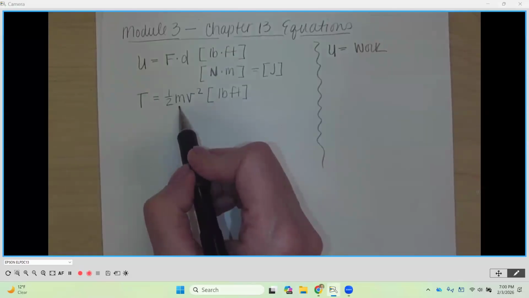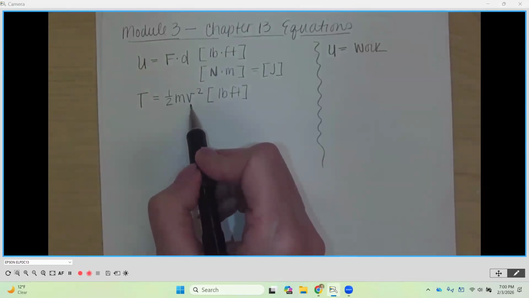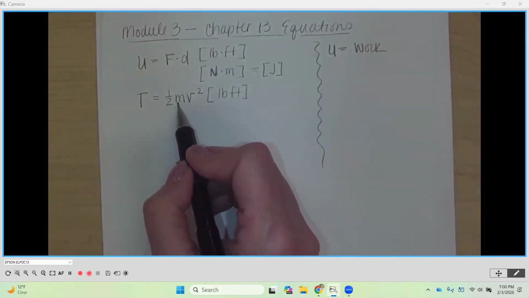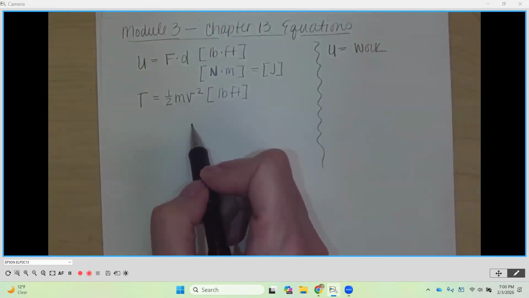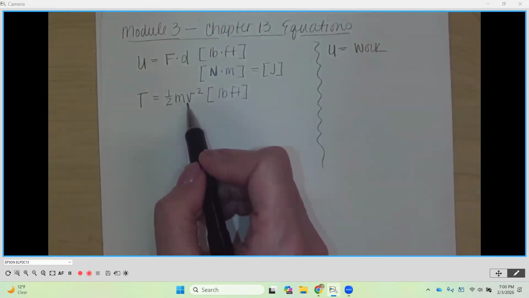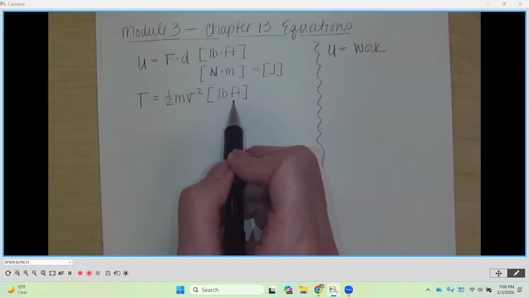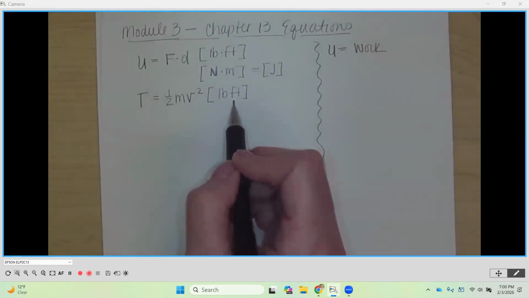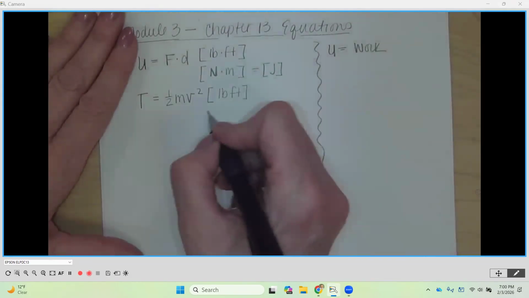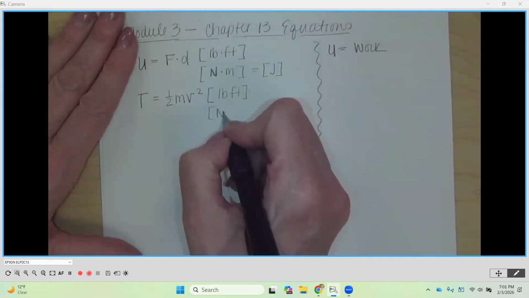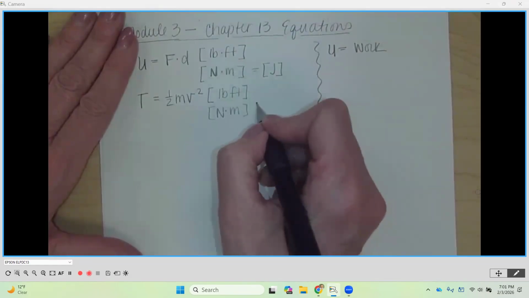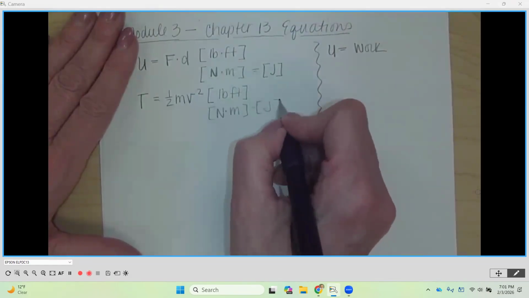This is a kilogram, this is a feet per second squared. So you have a kilogram feet per second squared is going to be the pound, and then times feet. There's an extra foot left over. Then we've got a Newton times meters, and that's going to be again a joule.